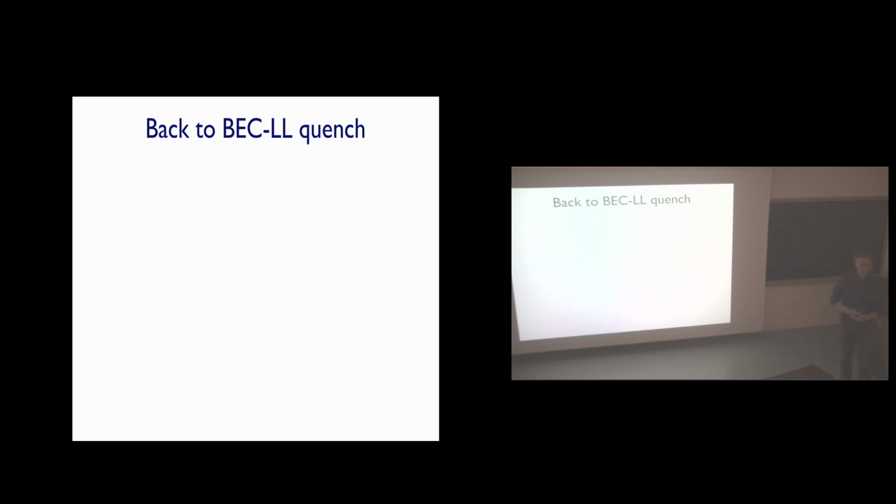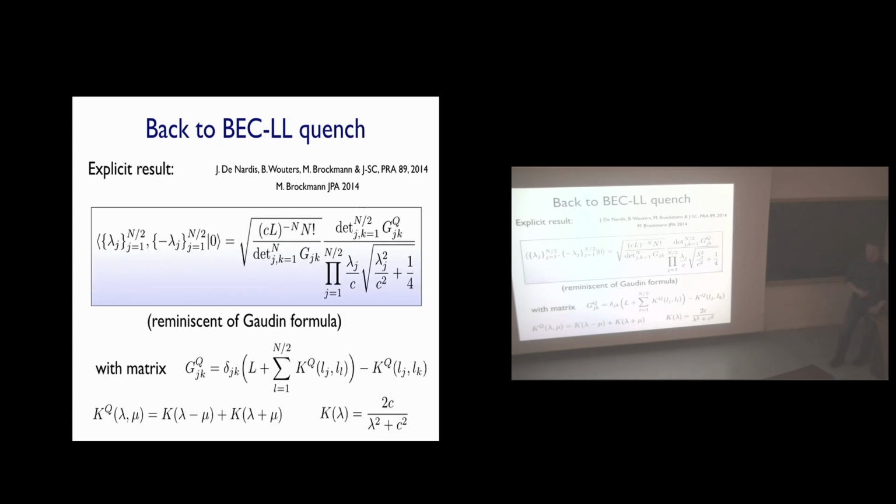So now, why am I telling you all these stories here? It's because in very rare circumstances, we have been able to do that. Okay? And I introduced for you the BEC to Lieb-Liniger quench. And here are the overlaps for that case.